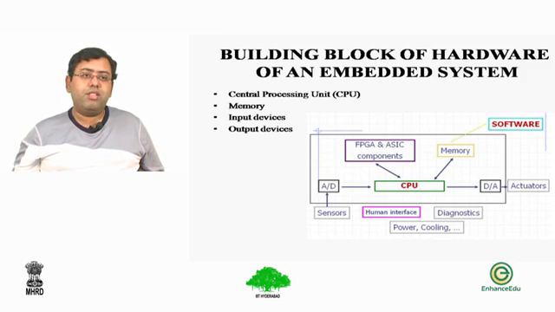So we have to figure out the critical parts of the system with respect to criticality in delays and criticality in processing and so on, which are essentially to be implemented in hardware using FPGA or ASIC.